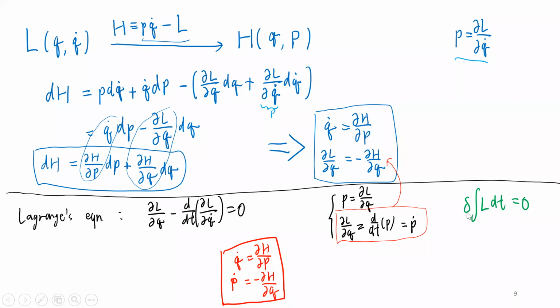They are indirectly obtained, because the principle of least action in this case gives us the Lagrange equation, that's it. Here, I would like to show you that these pairs of Hamilton's equations can be directly obtained from the principle of least action.